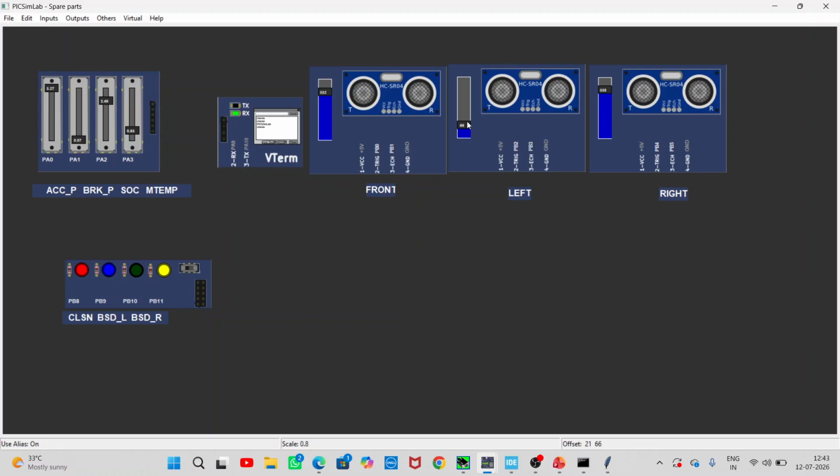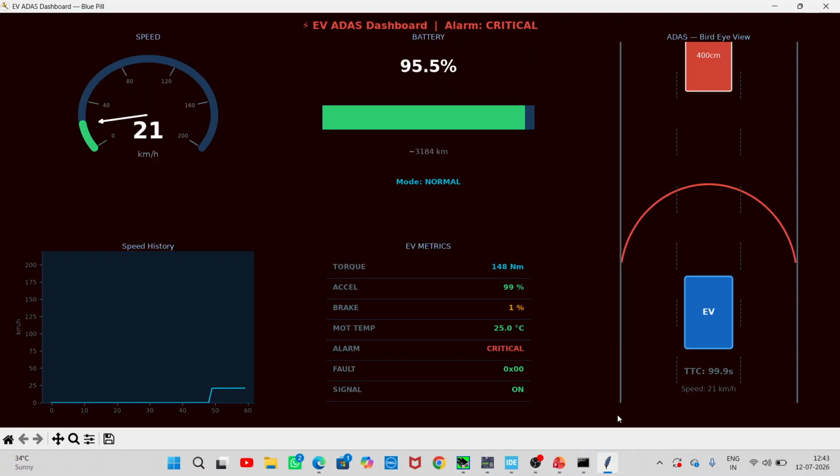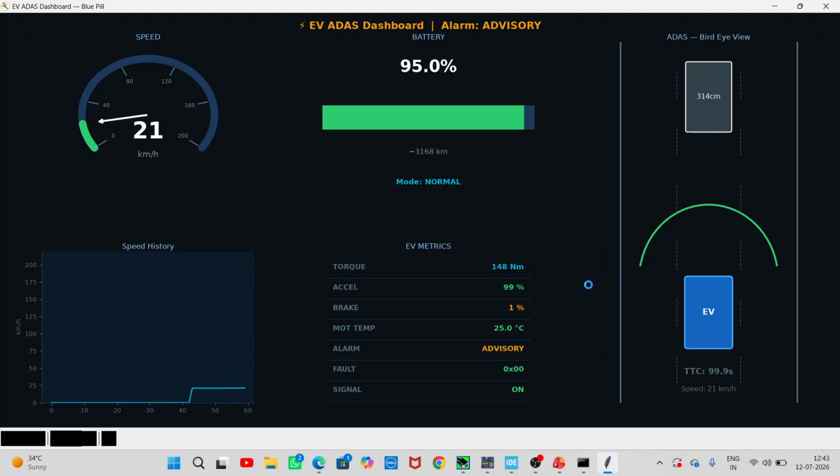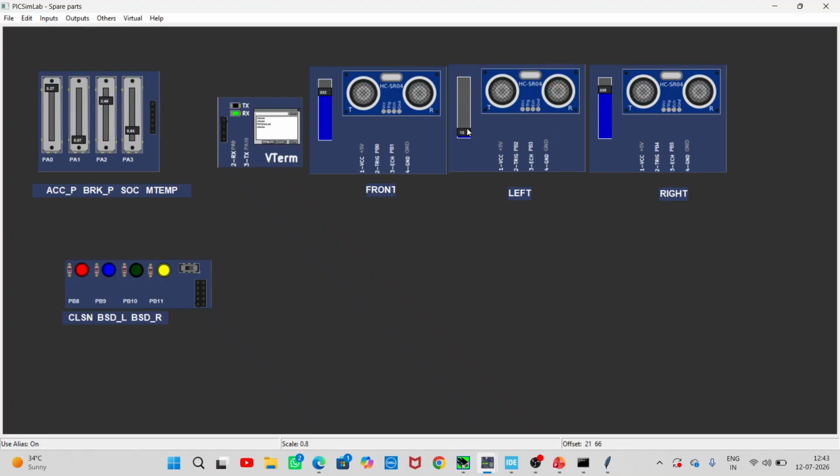Now we see the dashboard. Below 30, here the blind spot is detected on the right side.